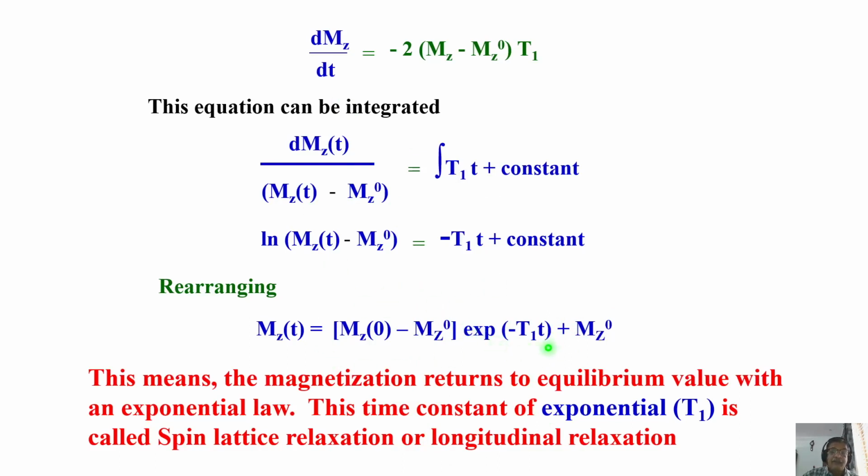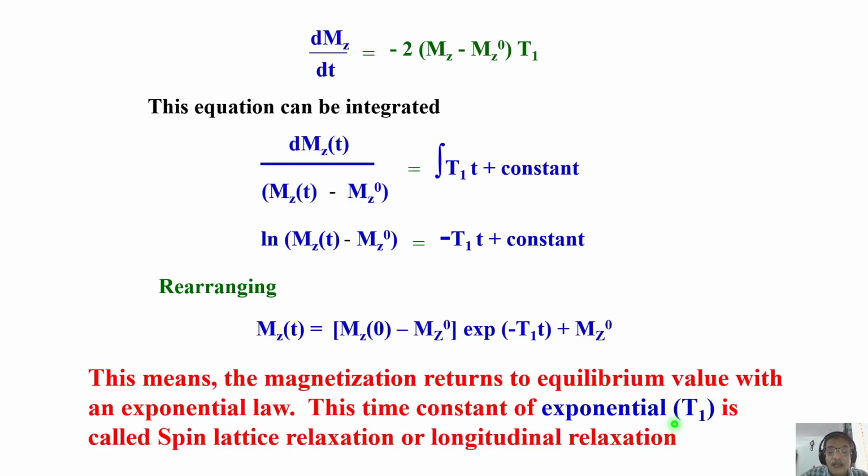After some time, it will come back to equilibrium by an exponential function. The time constant for the exponential is given by T1. This time constant is the time required for the magnetization which is deviating from equilibrium to reach thermal equilibrium, and it is called the spin lattice relaxation time.